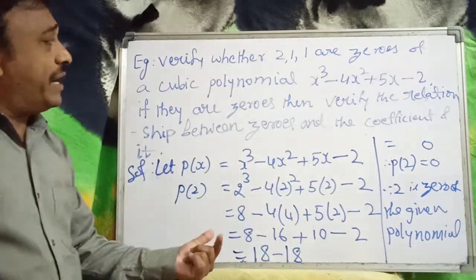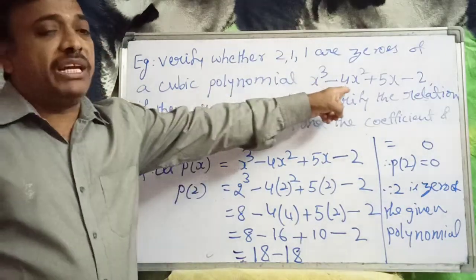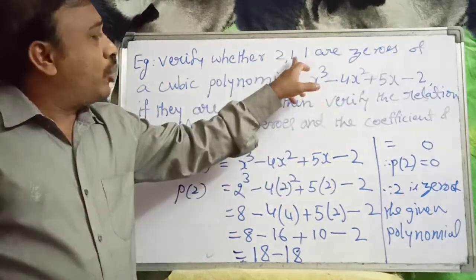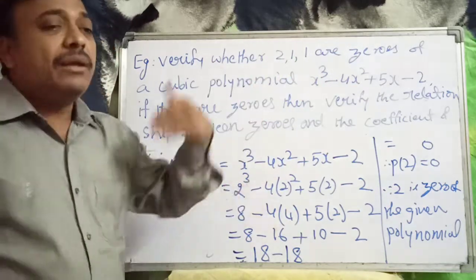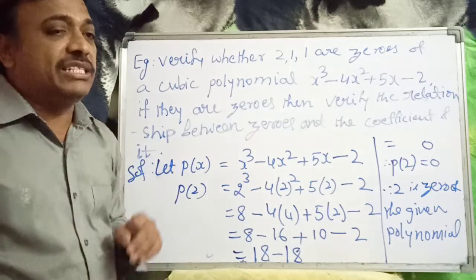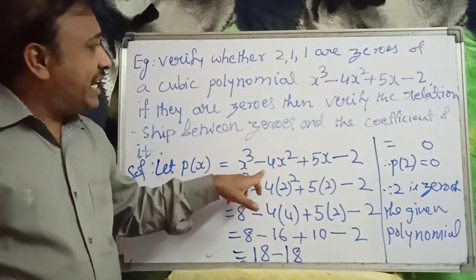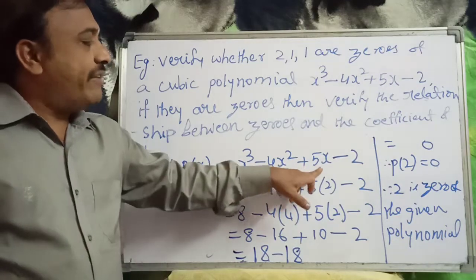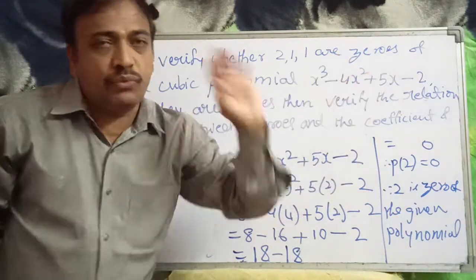Now we have to verify whether the given 1 is a zero of this cubic polynomial or not. Both the values are the same. If 1 is a zero of the polynomial, then we need to verify the relationship between the zeros and the coefficients. Here x cube minus 4x square plus 5x minus 2.